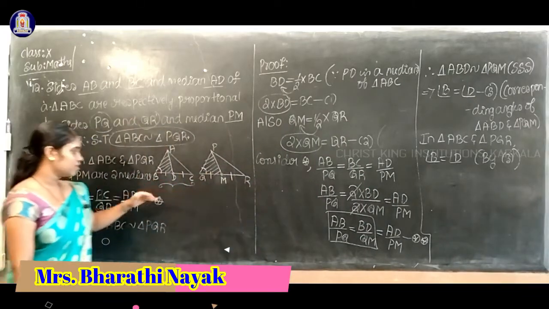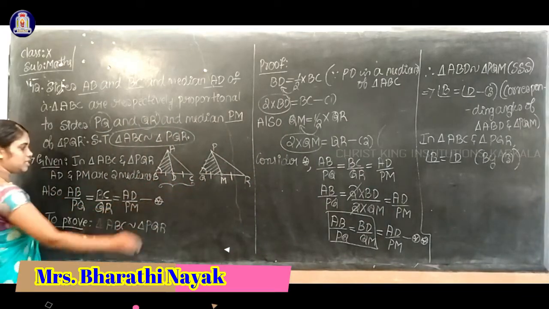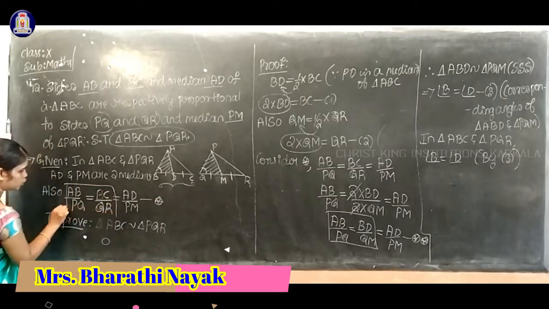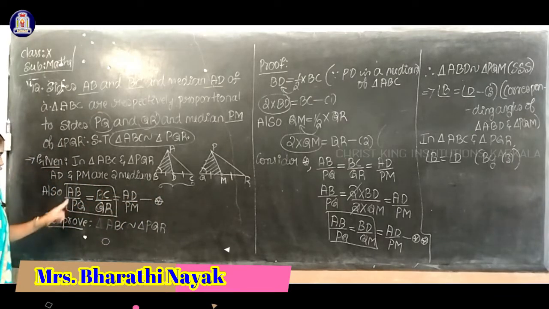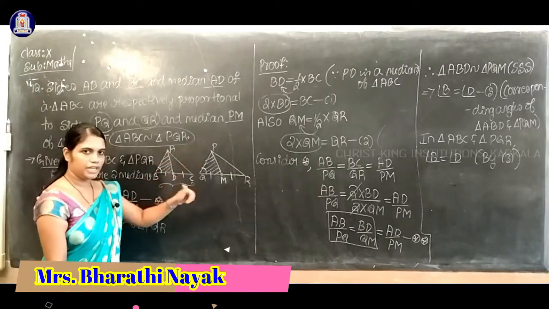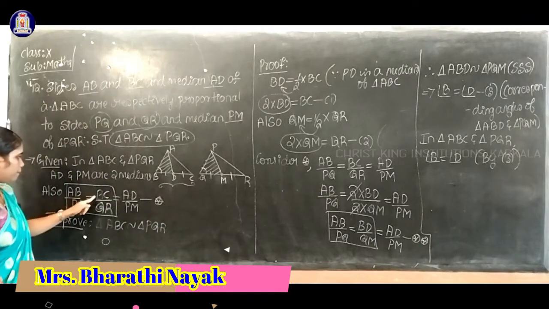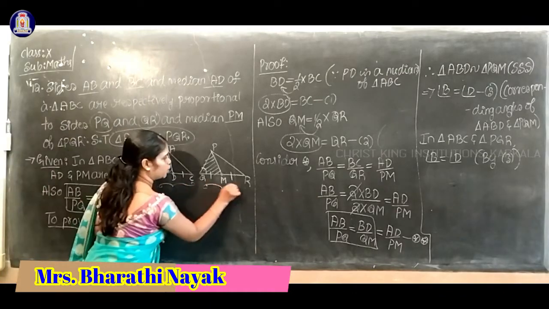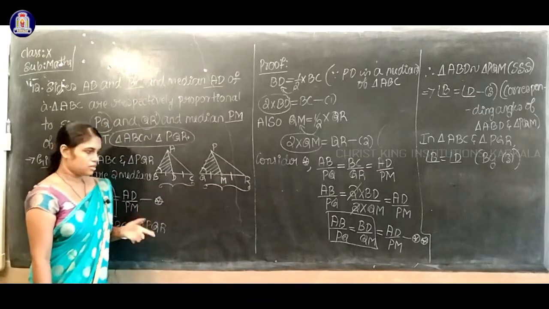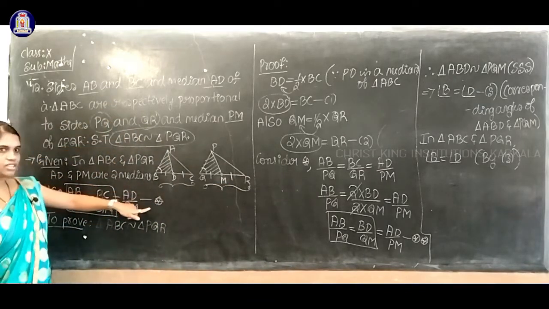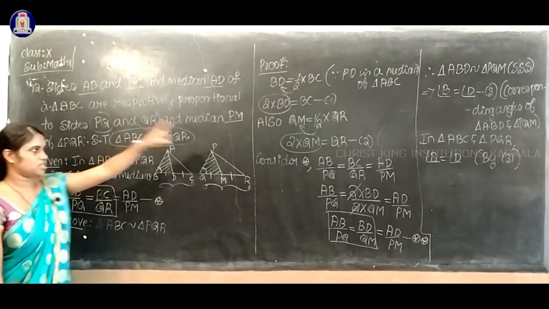Just come back to the star. Consider the first two ratios: AB by PQ, and BC by QR. All are already given proportional here, isn't it? Already given in the question, right? So can I use this result then?